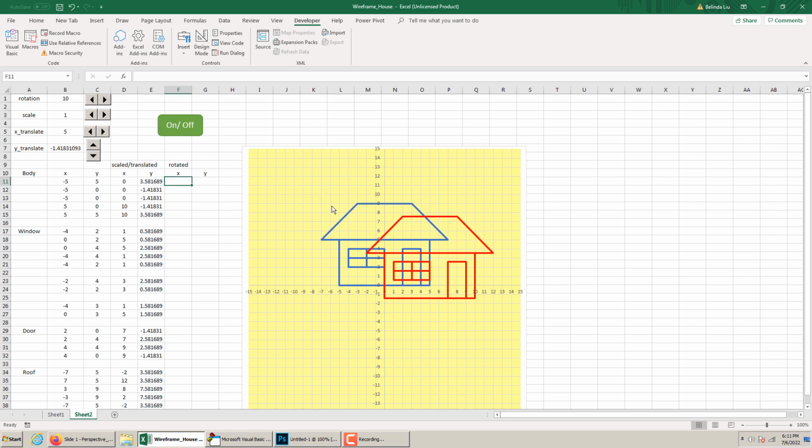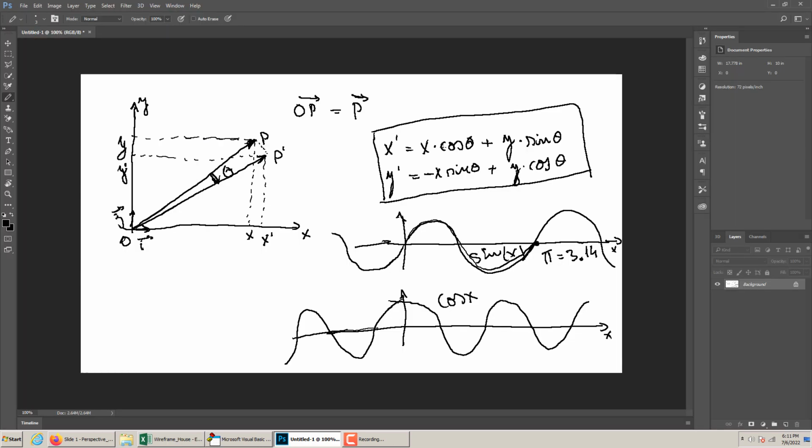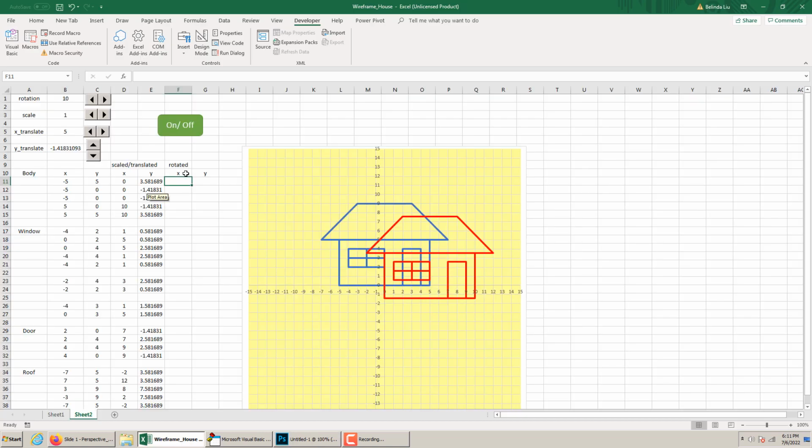This one, x, we open Photoshop here, x is equal to x, the old x. Let's label this x prime and y prime. Yeah, my keyboard here is dark, I cannot see.